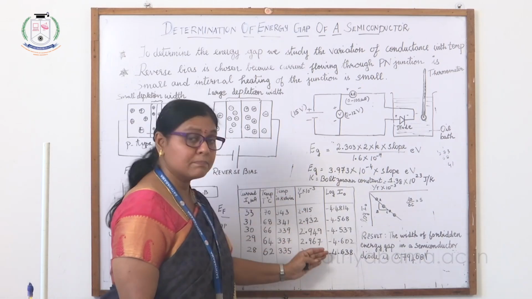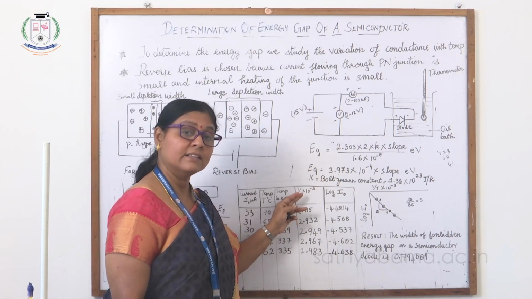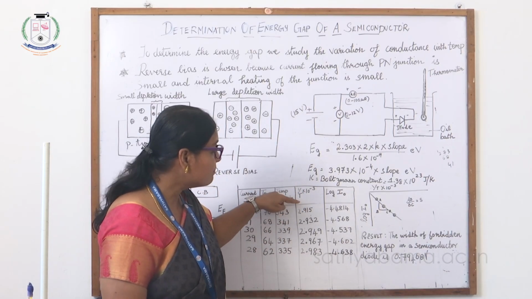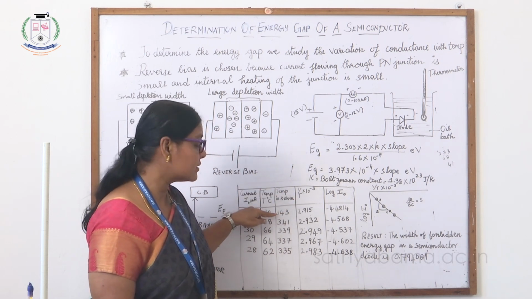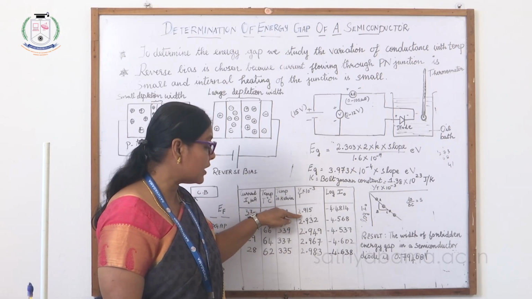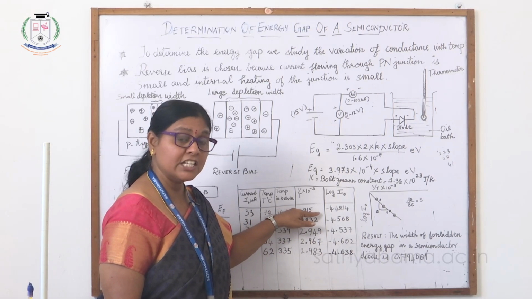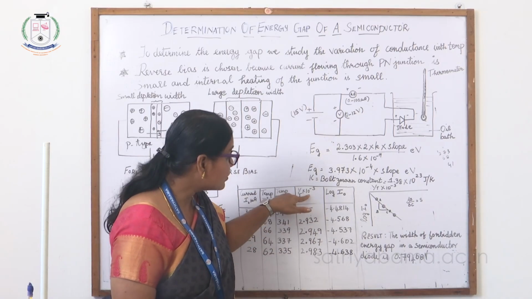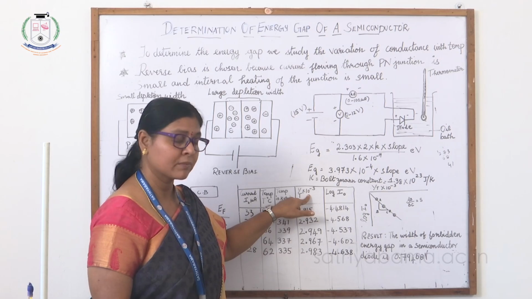Now the next part of my calculation is to take the inverse of temperature, that is 1 by T, which means 1 divided by 343, which comes to around 2.915 into 10 power minus 3, which I have put as a common factor in the heading of my tabular column.